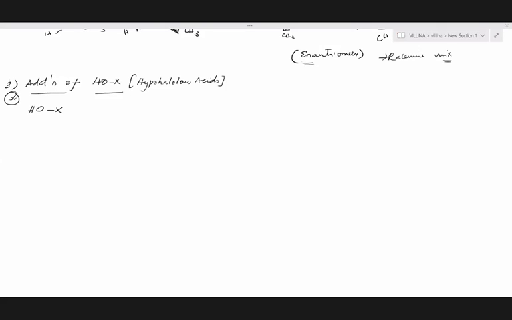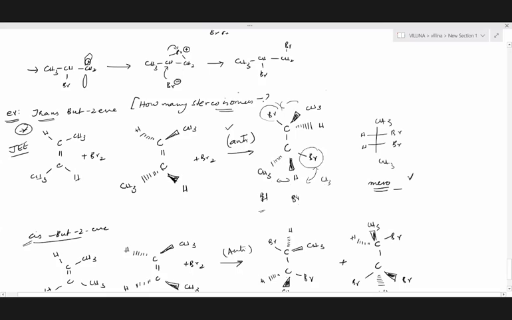In that previous question on addition, the question was something like this: how many stereoisomers were formed? And the options they gave were 1, 2, 3, 4. So how many stereoisomers? Need not be optically active in the end.